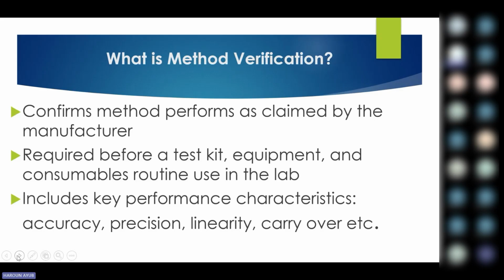You'll find that linearity is majorly done by organizations, especially accredited labs, after certain durations, so 6 months or 1 year. It's important because it will help you know that if you get a very high sample at any point in the testing phase in your laboratory, the analyzer is able to read it. If you get a very low one, the analyzer is able to read it.